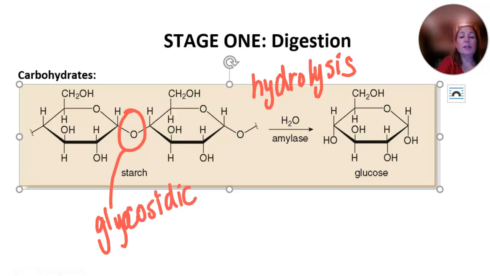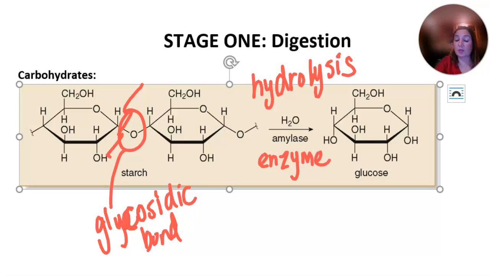Glycosidic bond or linkage. And we're going to break that glycosidic linkage, add water across that bond. We're going to use amylase here. So we're going to need an enzyme for these hydrolysis reactions to produce glucose. So we get glucose from our starch molecules.